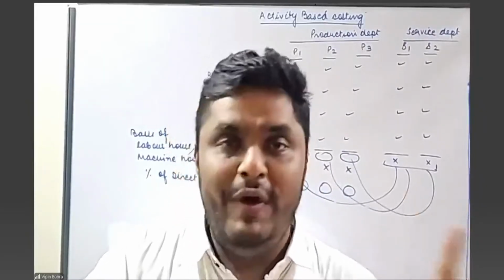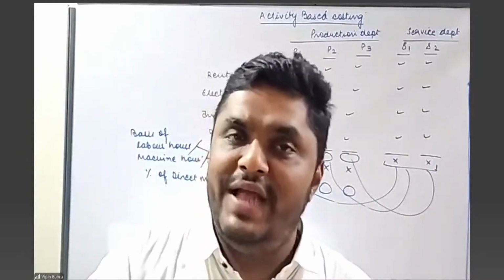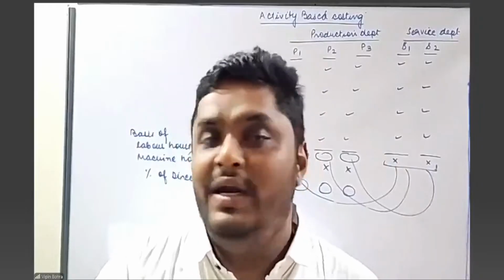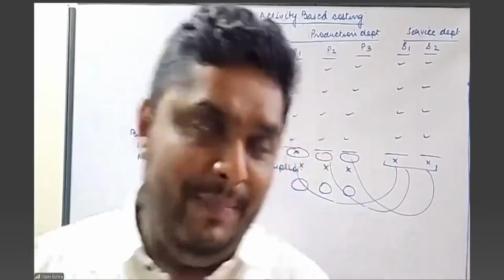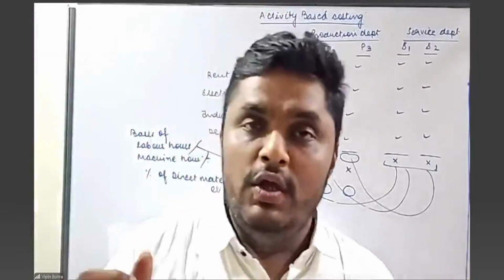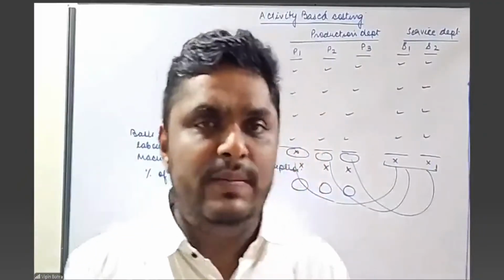For the students who have joined a bit late, I repeat again, I have started with activity-based costing. This chapter is not a new chapter, but in continuation of the chapter what you guys have already studied, that is overhead. When talking about overheads, overheads were distributed to the various production departments and service departments.